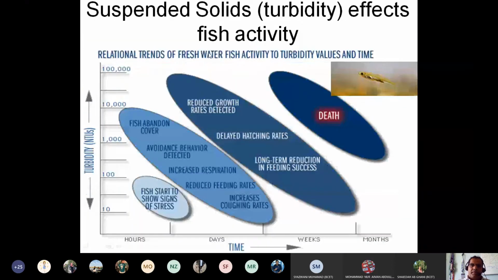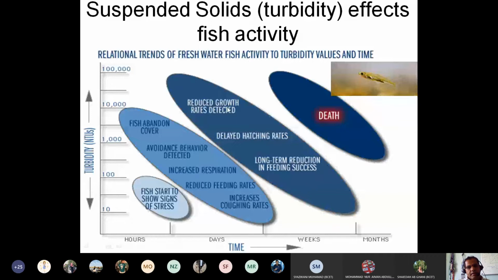Another thing is that suspended solids and turbidity also affect fish activity. You see here, this is turbidity at different NTU levels. Here, at the beginning, the fish start to show signs of stress. Here, increased respiration means breathing will be much faster. And also feeding rates drop, they will not be able to eat as much as normal fish.